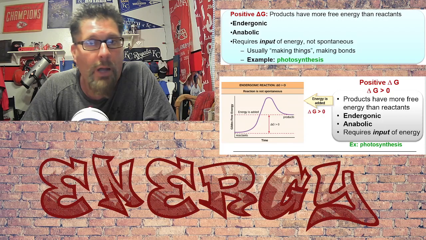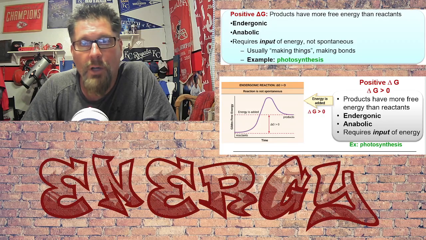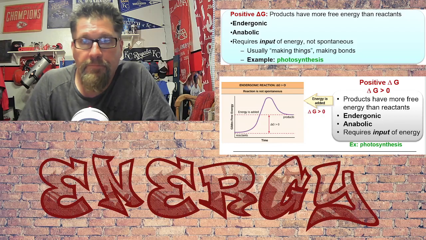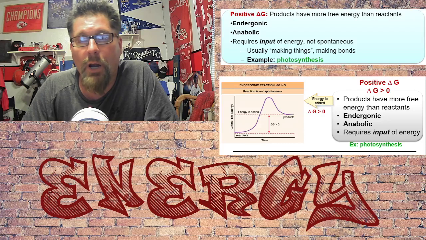Maybe it's a yellow blob of something or purple something, but you'd get a product, much like when you take sodium and chlorine and mix them, you get a product, you get salt. Okay, so that's the idea of an endergonic reaction.